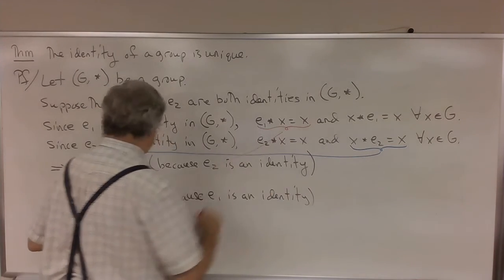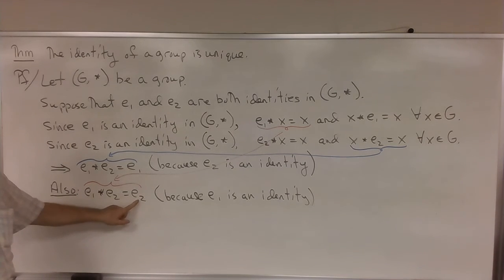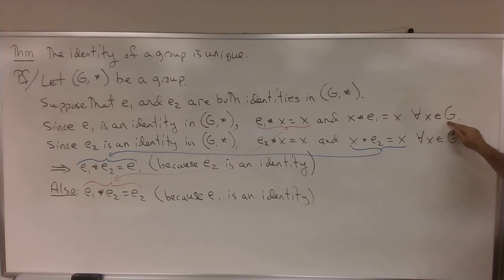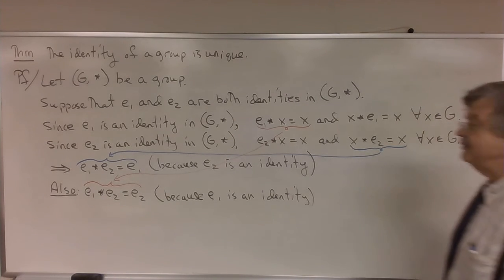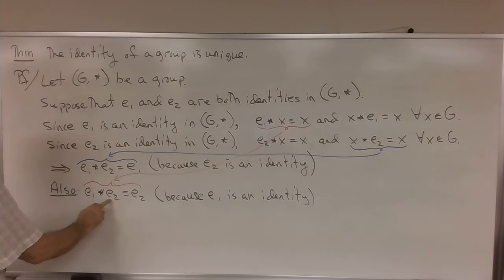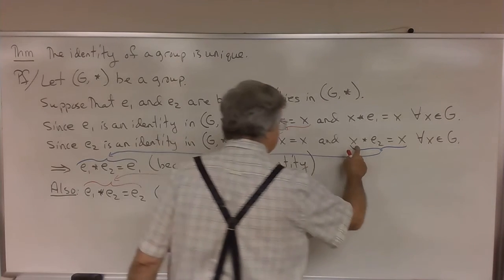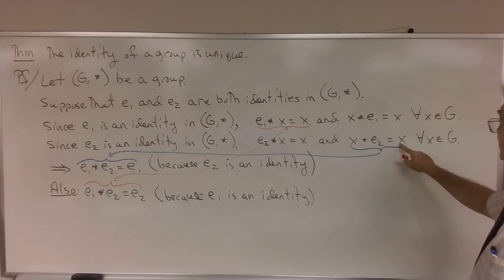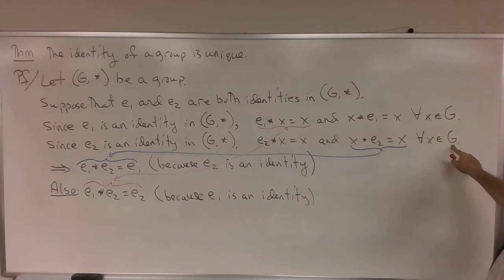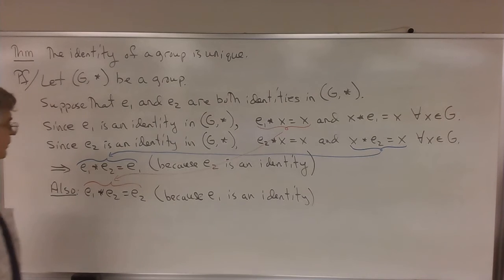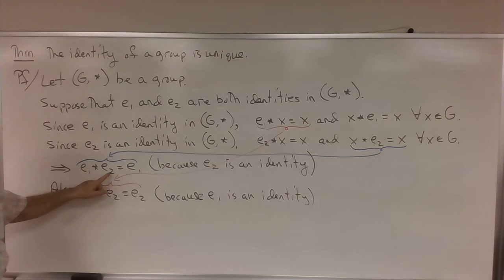E1 star x equals x. So E1 star E2 equals E2. Yes, E1 star x equals x for all elements x in G, and that includes the element E2. So E1 star E2 equals E2. And up here, we use this property, x star E2 equals x for all elements x in G, and that includes the element E1. So for x equal E1, we have E1 star E2 equals E1.